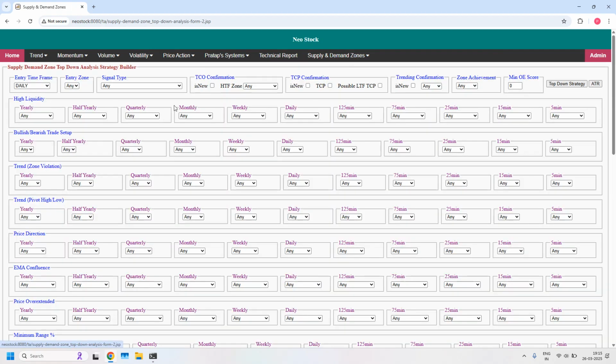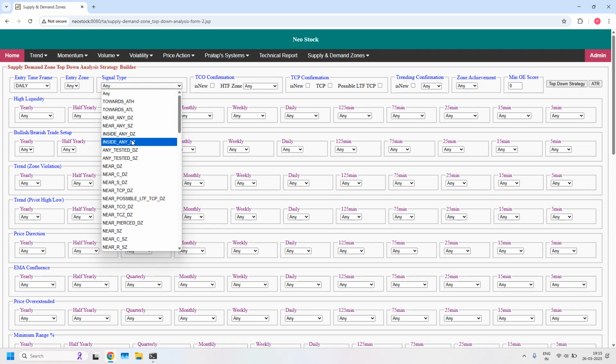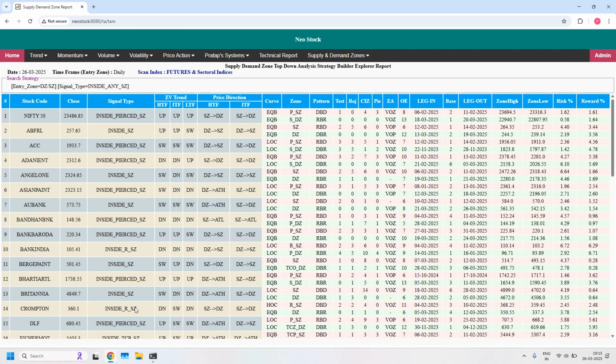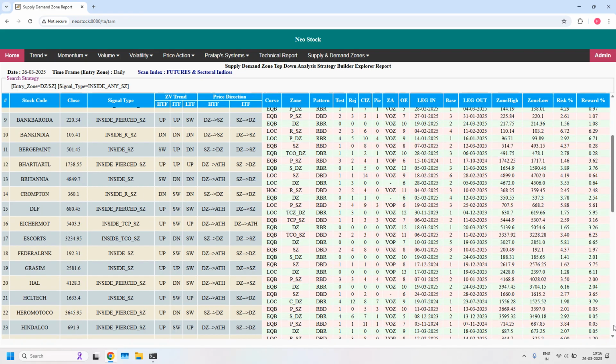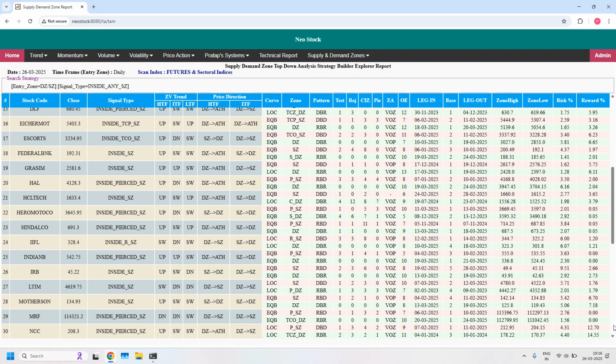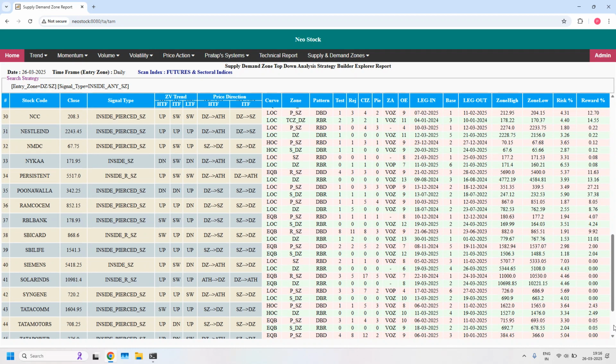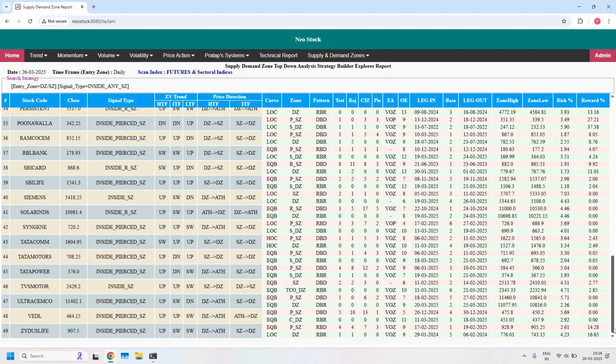Okay, next, daily time frame, price closed inside the daily supply zone. Again, we got a big list, first 15 stocks in the list. I'm scrolling the list down. 49 stocks are filtered.